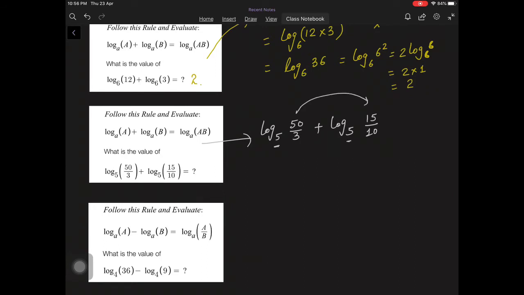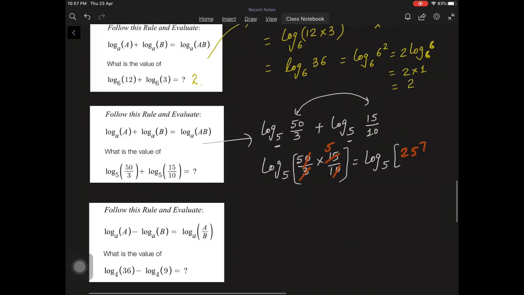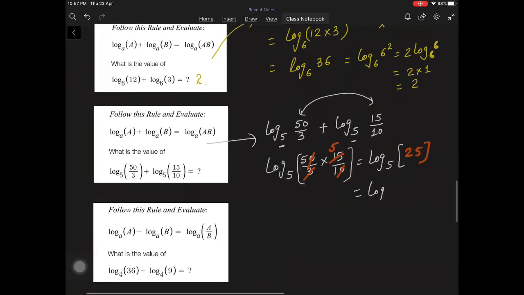The purpose is to convert them into a single log. So log base 5 of 50 over 3 times 15 over 10, and you can simplify this, which gives you actually 25, but I can show you that. 50 divided by 10 is 5, and 15 divided by 3 is again 5, so it's 25. And you know which power of 5 is 25? It's actually 2, so we can say it's 5 square, therefore the result is 2. Always look at the exponent.